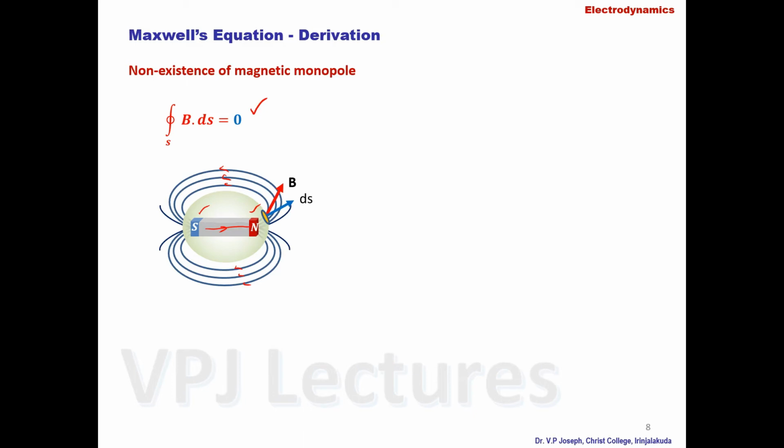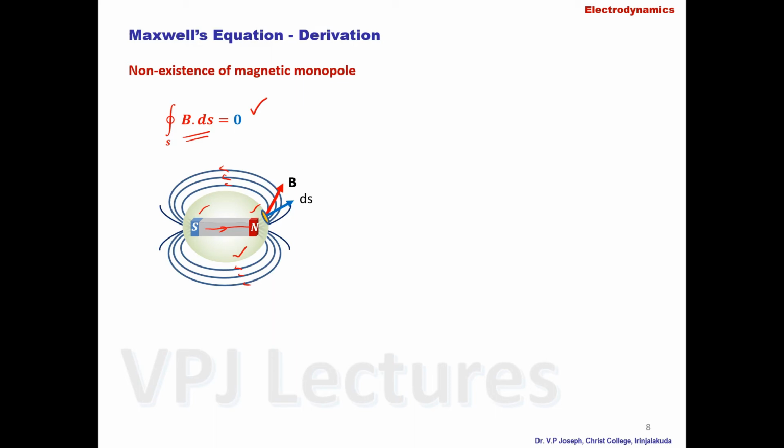Now, if we consider any closed surface, a closed surface is shown here. For this closed surface, we can see that the total normal component of B dot ds over this closed surface is equal to 0, because the number of flux lines emerging out is equal to the number entering in.